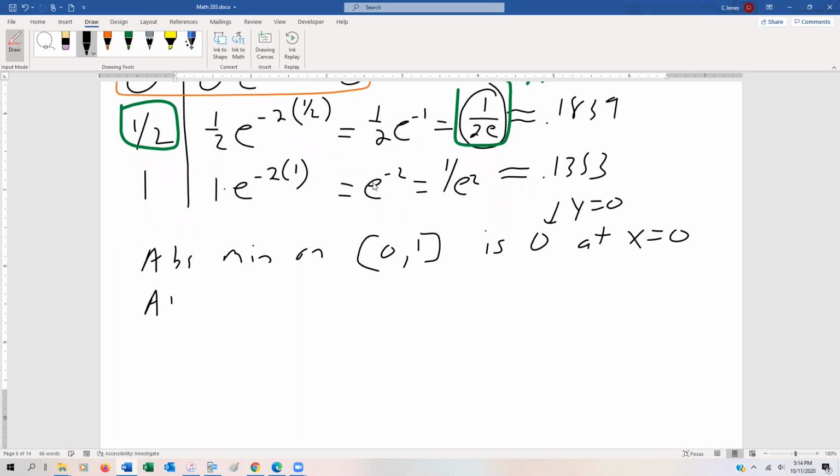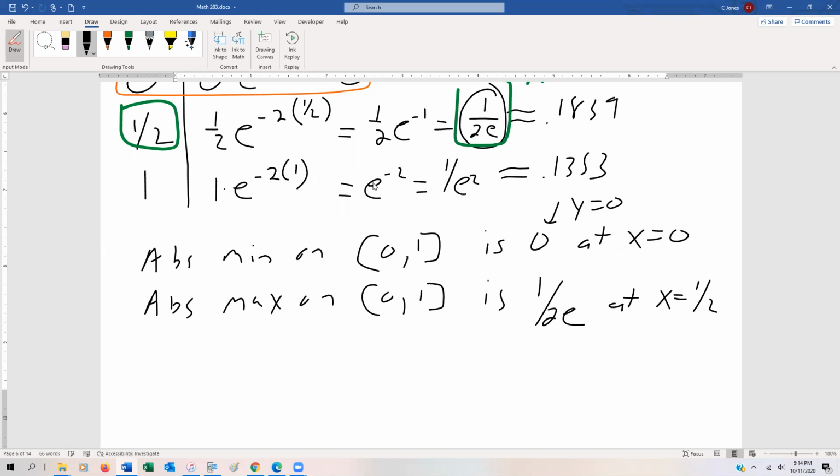The absolute max of the function from 0 to 1 is 1 over 2e, and that's when x is equal to 1/2. All right, so this is something that we can't get out of our calculator. Our calculator can approximate 0.1839, but it can't give us the exact value. That's what calculus does for us. It gives us precise values. So those are the things that we really want to hold on to, especially to get out of this class.